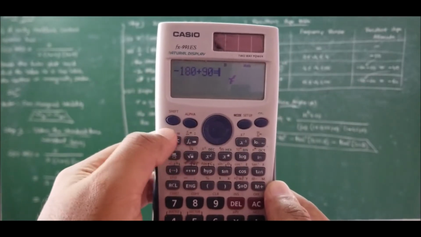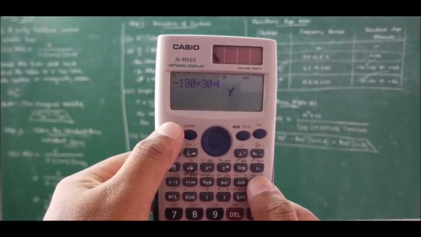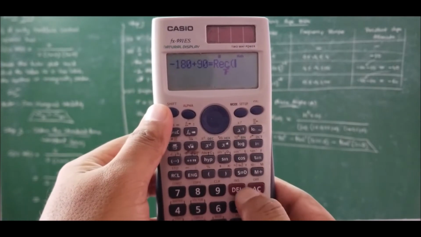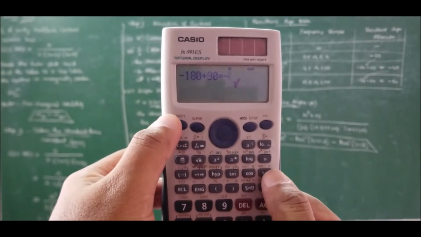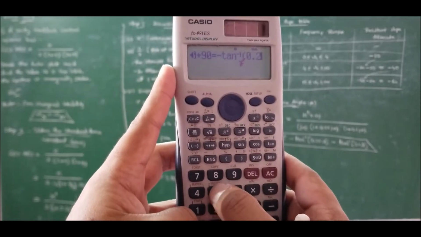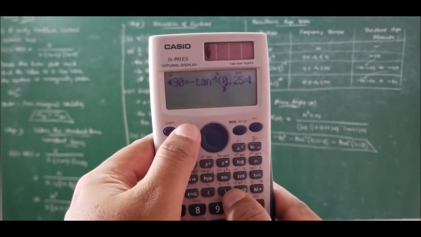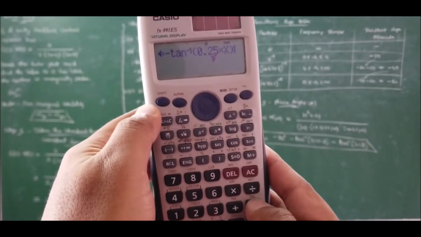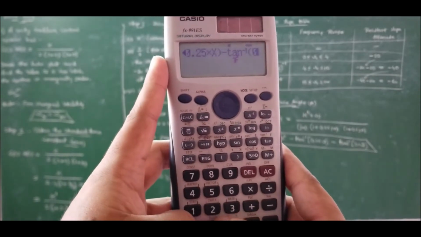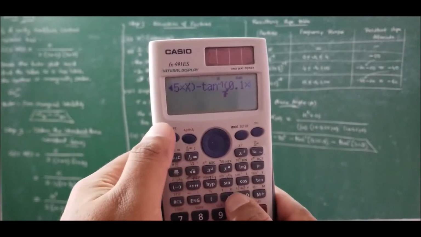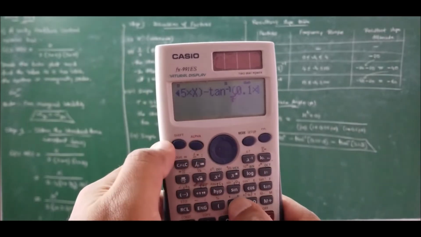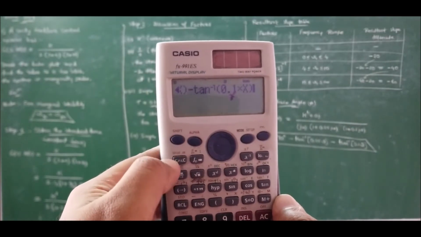Alpha is equal to minus tan inverse of 0.25 into alpha x, close the bracket, minus shift tan inverse of 0.1 into alpha x, close the bracket, shift solve.